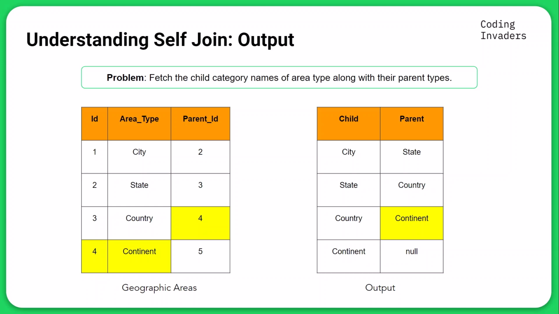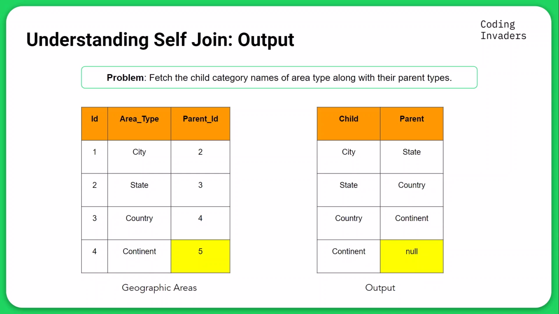That's why we have country as the child and continent as the parent. Whereas for continent, the parent ID is 5. In our left table, we don't have any row which has an ID of 5. Since there is no match, continent doesn't have a parent and it is filled with null.